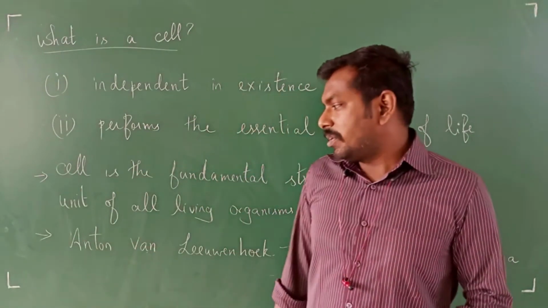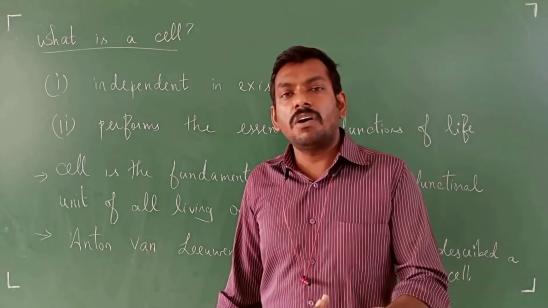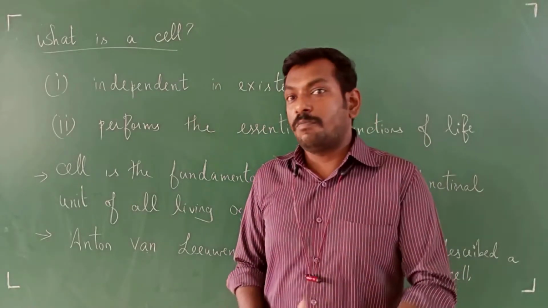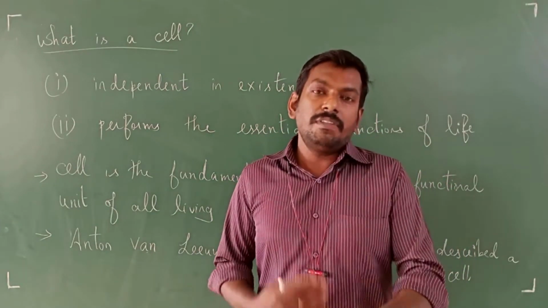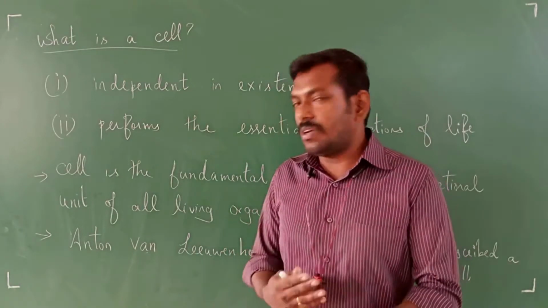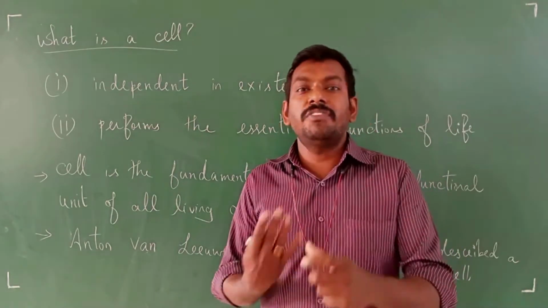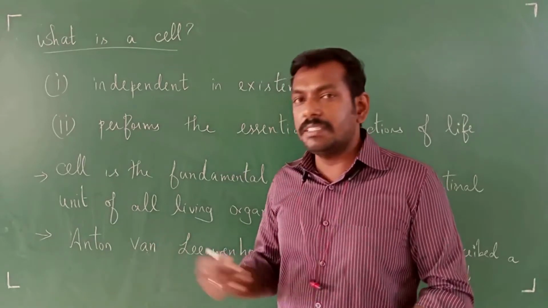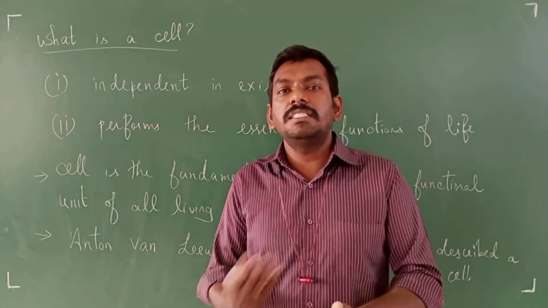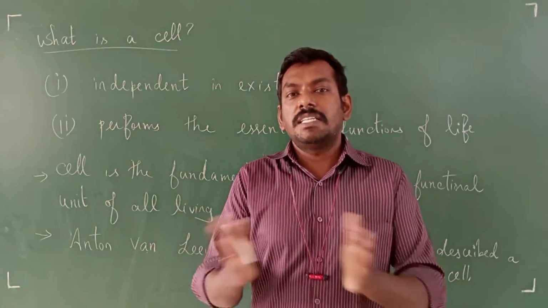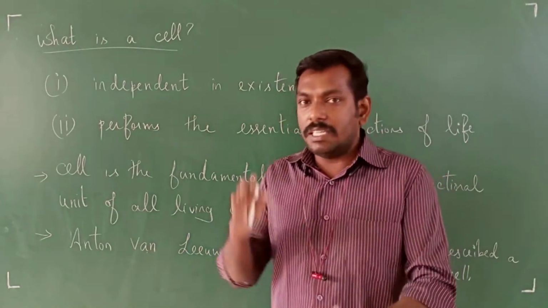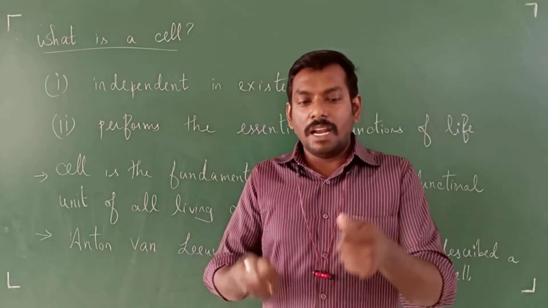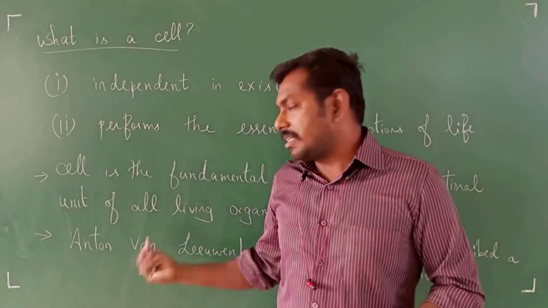He is often regarded as the father of microscopy because even before the invention of the microscope, he used magnifying lenses. Since he was a cloth merchant, he had to check the density of the threads woven in the cloth. So by his curiosity, he ground lenses and used them to see the cell, right?